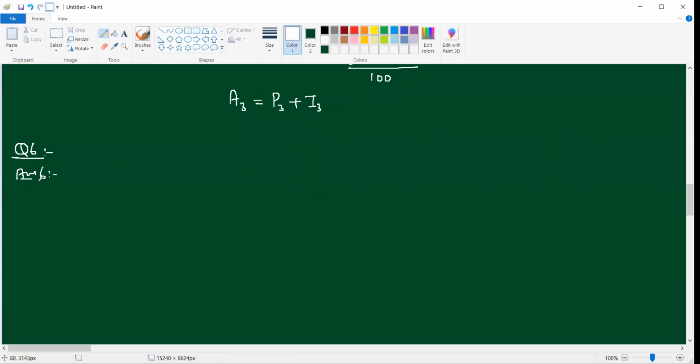So the question is still very easy. Nothing to worry about. Here it is given to you. You have to write here whatever is given in the question. So principal P is equal to rupees 10,000.